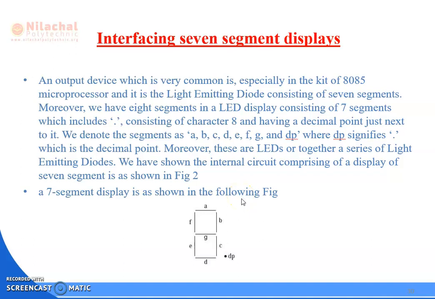We denote the segments as A, B, C, D, E, F, G and DP, where DP signifies the decimal point. These are LEDs, a series of light emitting diodes. We have shown the internal circuit of a 7 segment display. So this is the figure of the 7 segment LED display.